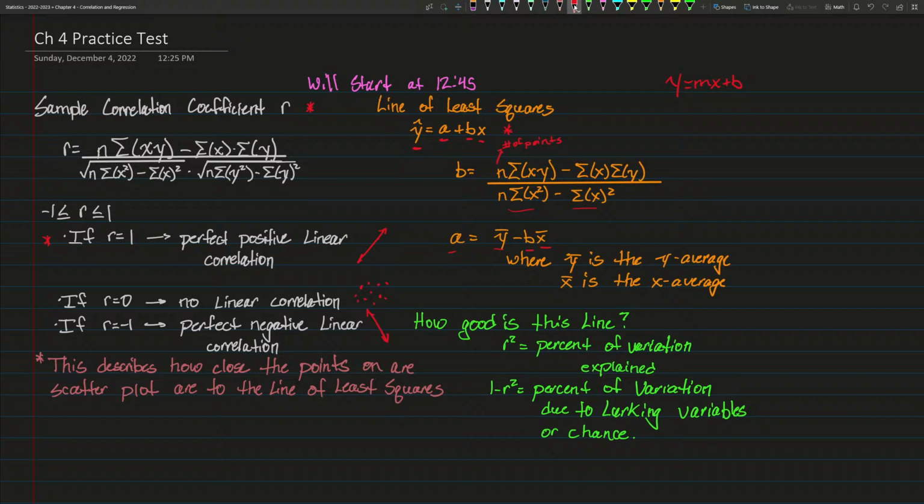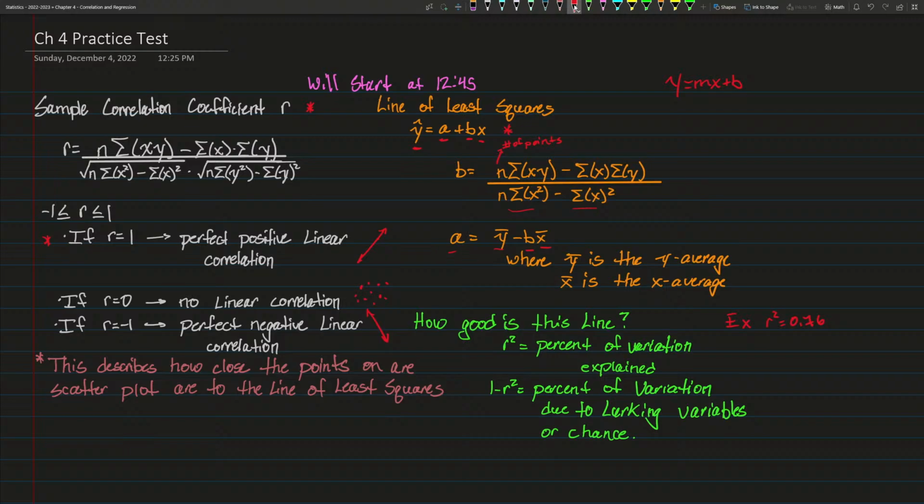And then we need to be able to interpret this line. So how good is this line? That's what r squared tells us. R squared is the percent of variation explained. So if r squared is like 0.76, that means that 76% of the variation is explained for that scatter diagram.